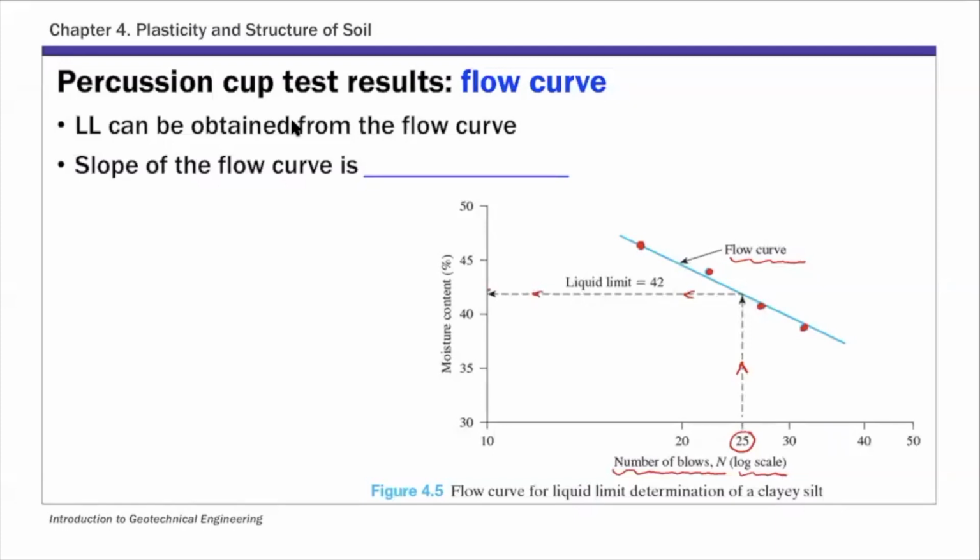So that value there, by definition, is the liquid limit. Okay. So that's how in the lab you get the liquid limit for a given soil. Again, you need to perform multiple tests, prepare multiple soil samples. Okay. And the slope of this flow curve is called the flow index.